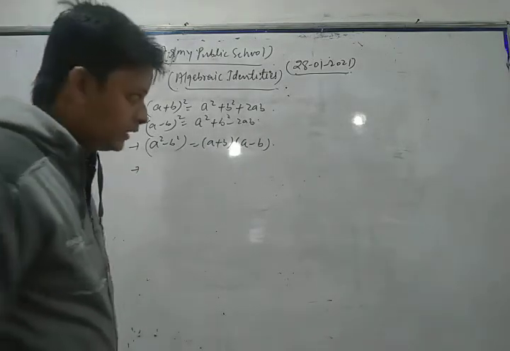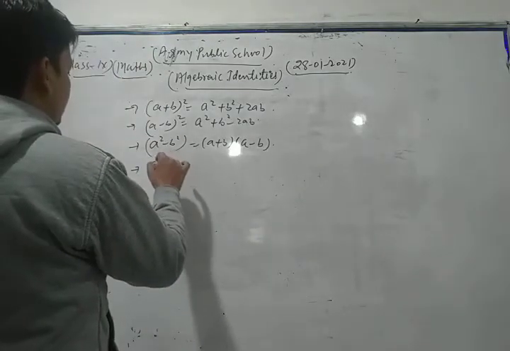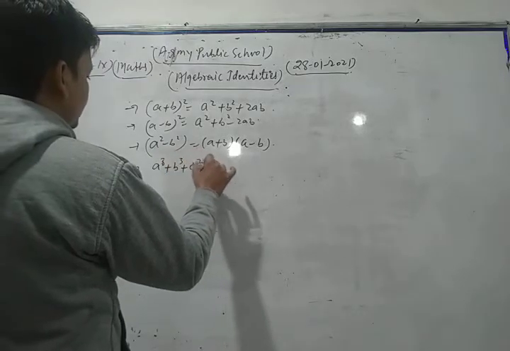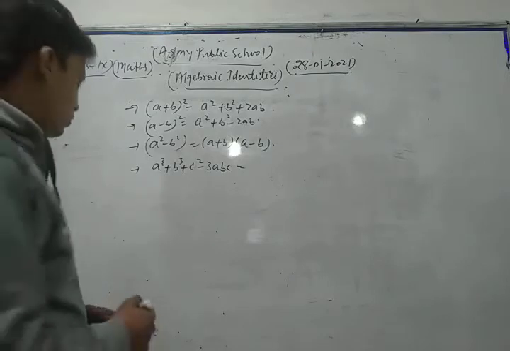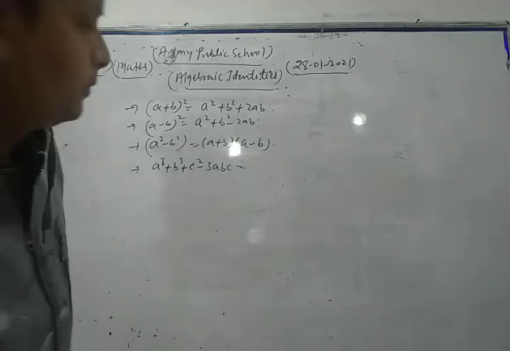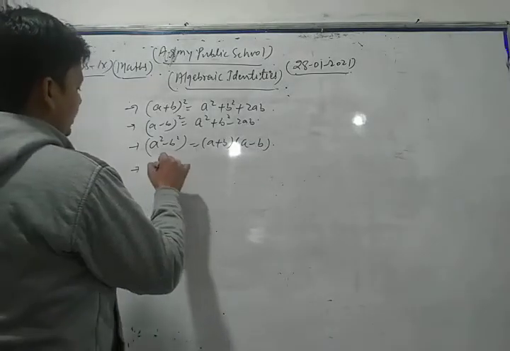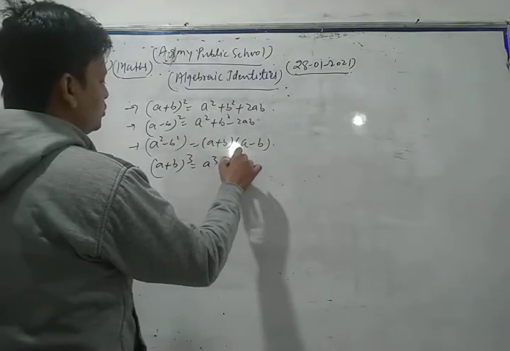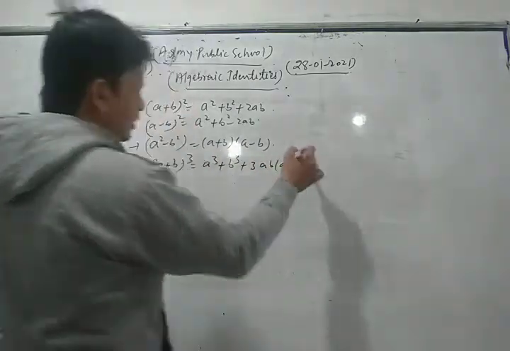Next one is a cube plus b cube plus c cube minus 3abc. Sorry, first of all we will discuss the third one, which is (a plus b) whole cube. (a plus b) whole cube is a cube plus b cube plus 3ab in bracket (a plus b).